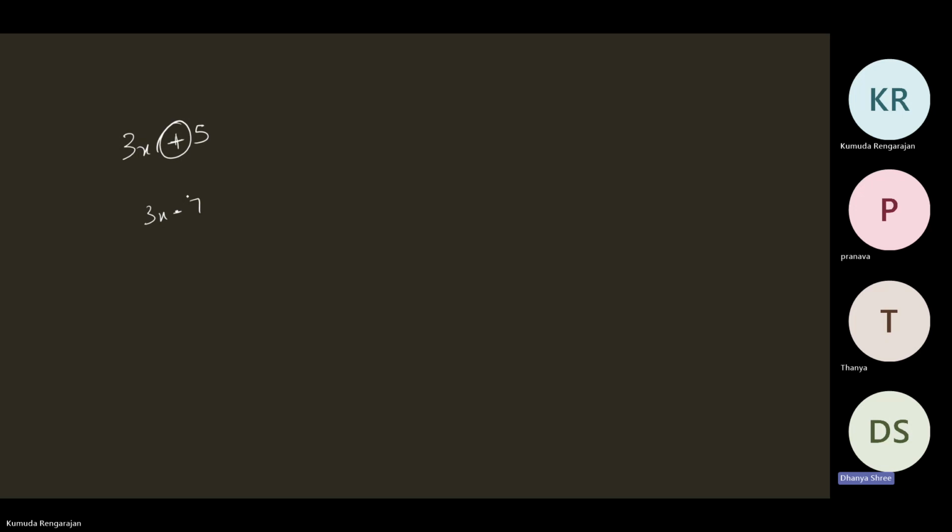Same confusion, ma'am. Correct. So for that we need to read the assertion statement clearly. What is given in the assertion statement? Expressions are formed by performing operations like addition, subtraction, multiplication, and division. Correct, that's how expressions are formed. In the reason, 6x minus 3 is an expression in variable x.